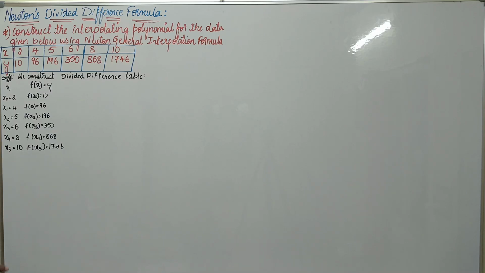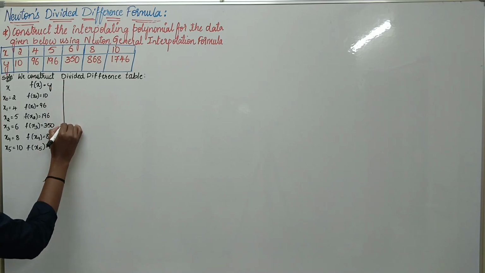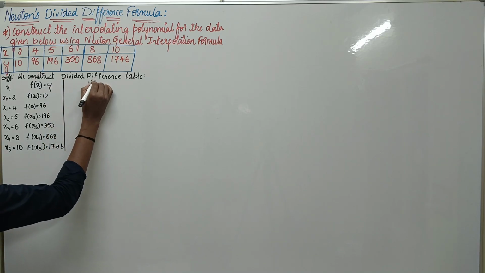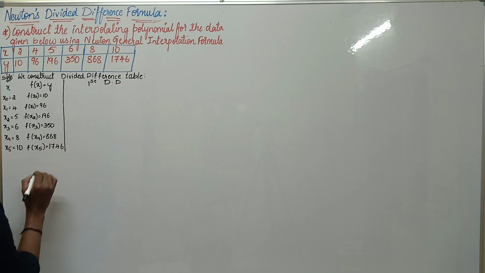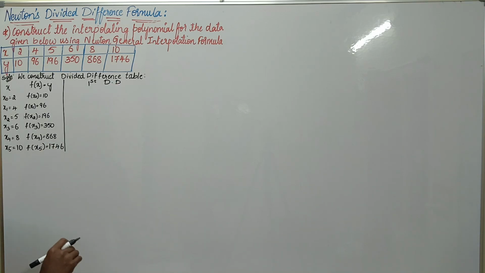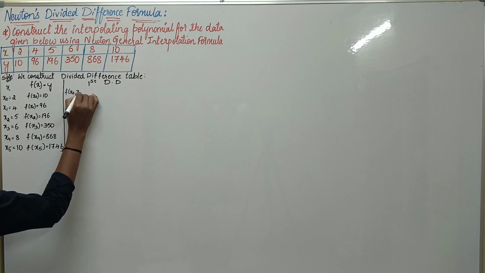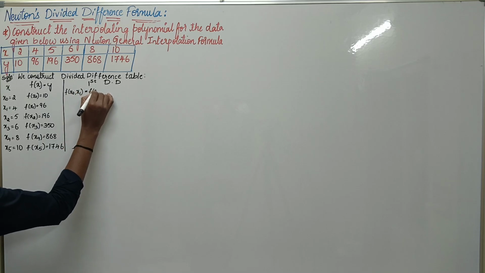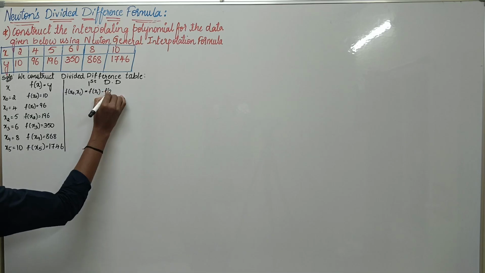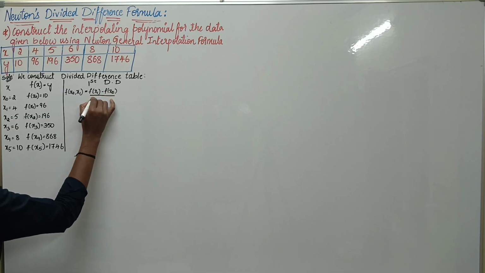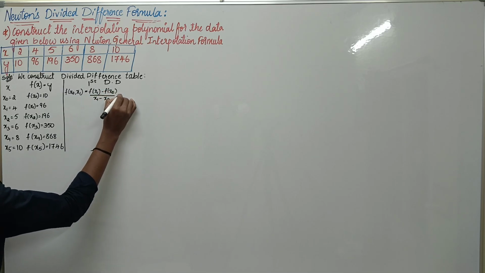Considering these values, I am going to first represent Newton's first divided difference. dd represents divided difference. For this, we use the formula: f of x0 comma x1 is equal to f of x1 minus f of x0 divided by x1 minus x0.